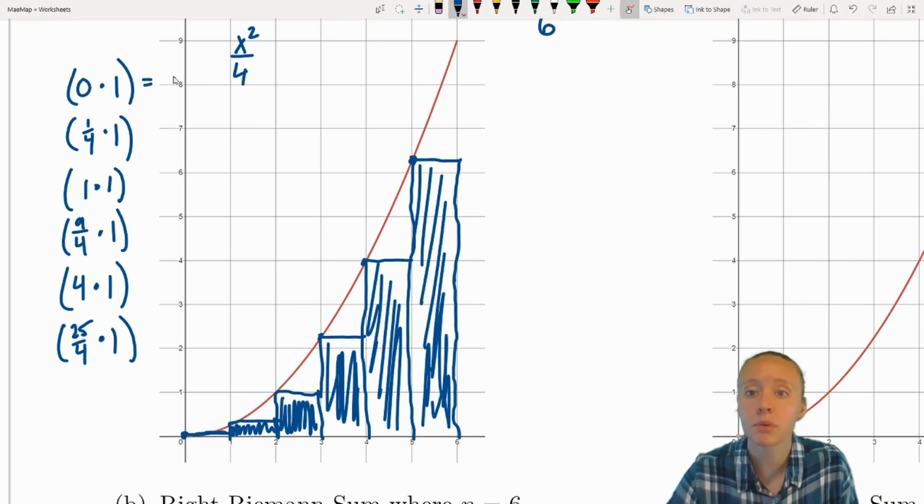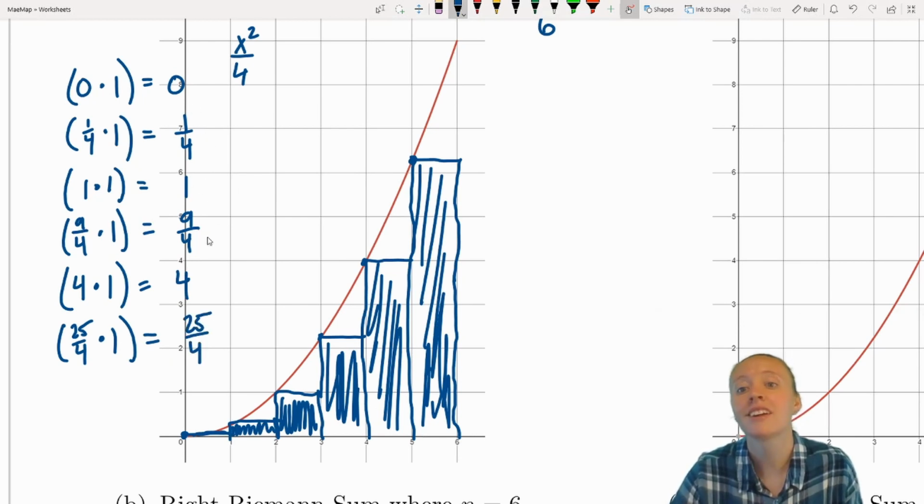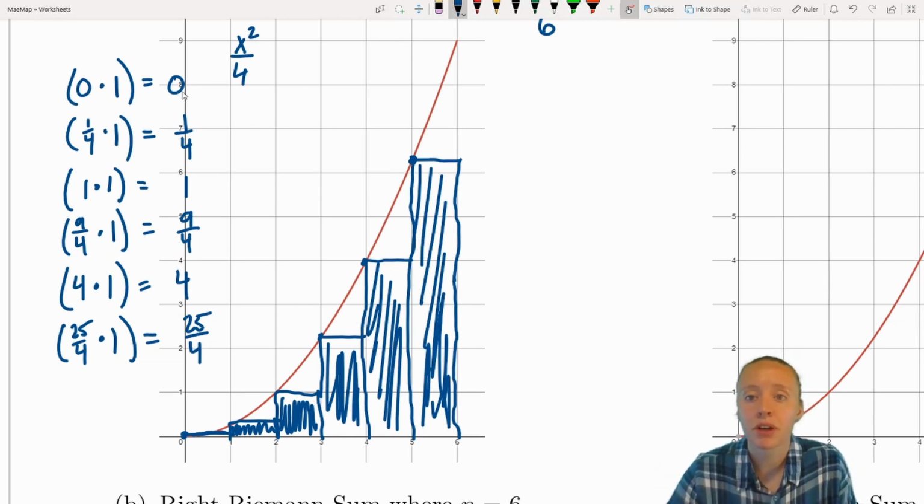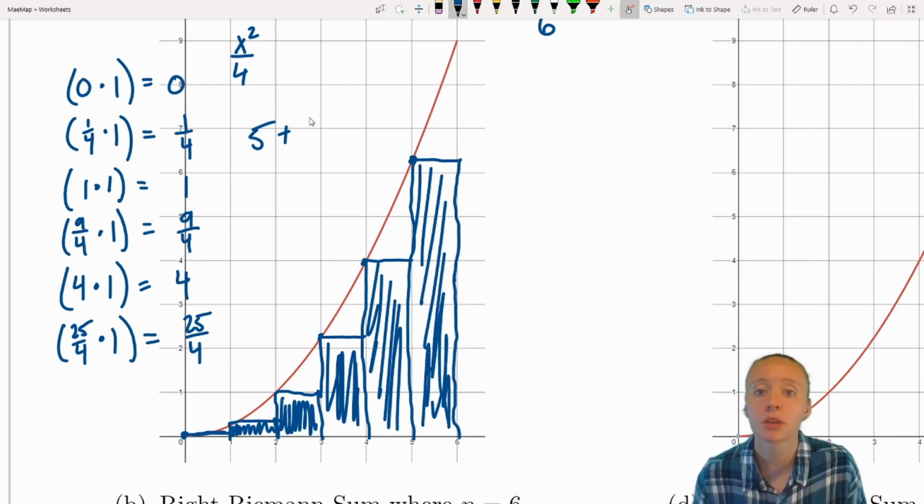So I'm going to get 0 times 1, which is 0, plus 1/4 times 1, plus 1 times 1, plus 9/4 times 1, plus 4 times 1, plus 25/4 times 1. I'm going to sum 0, 1/4, 1, 9/4, 4, and 25/4 all together. First, dealing with my whole numbers just to make it easier, 0 plus 1 plus 4 is going to give me 5, and then I'll add that to, because I have a common denominator of 4, 1 plus 9 plus 25, which is 10 plus 25, which is going to be 35/4.